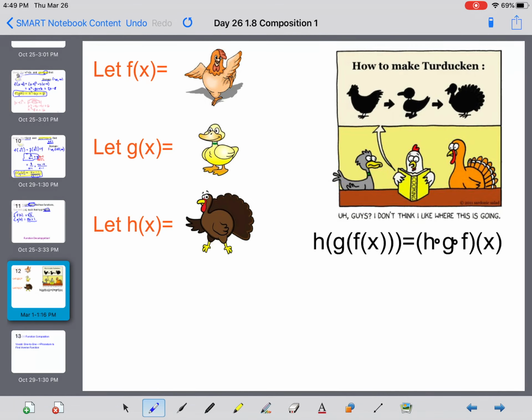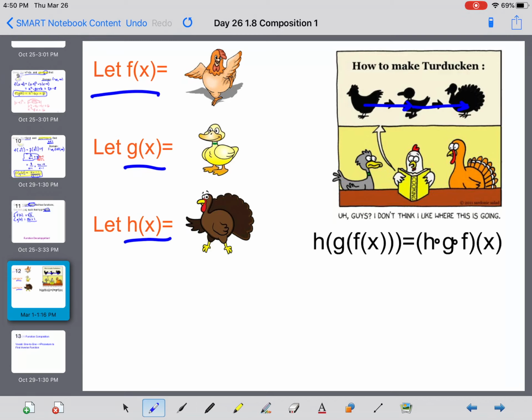All right, I wish this was time appropriate, but being spring semester, here we go. Just a fun little joke here. So how to make a turducken? Well, let your f function be equal to the chicken, g of x is equal to the duck, and then h of x would be the turkey. So what we have over here is the chicken goes inside the duck, which goes inside the turkey.